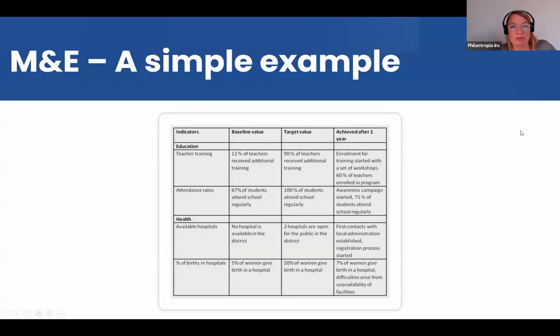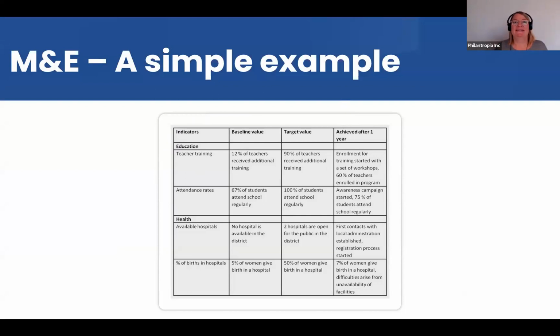And now we get to the simple example of monitoring and evaluation that you often have to include. This is just, like I said, a very simple example, with two example projects where you can show how you can design the monitoring and evaluation.